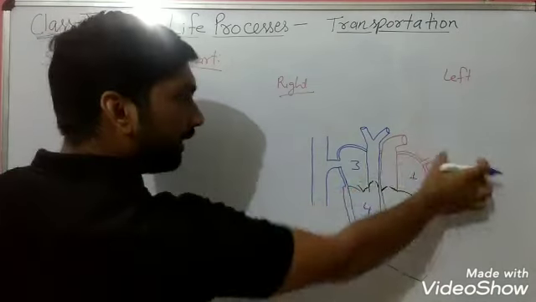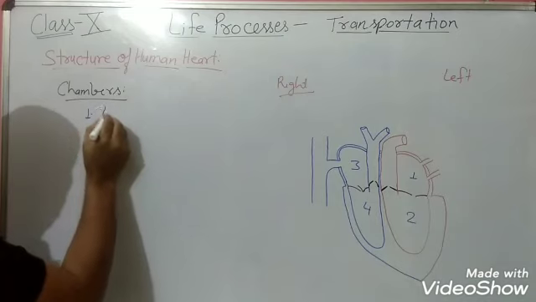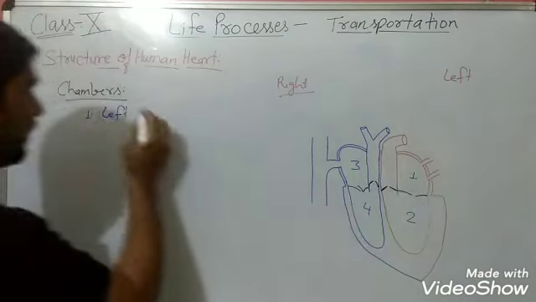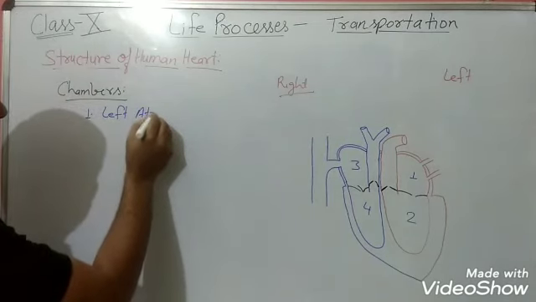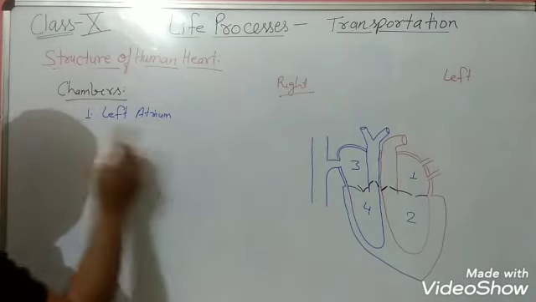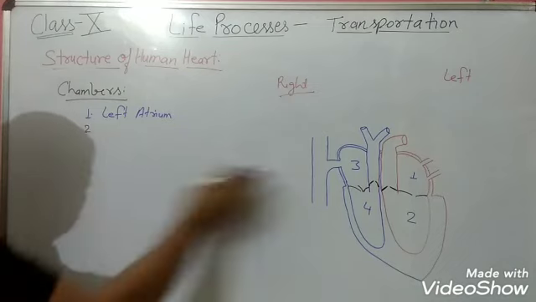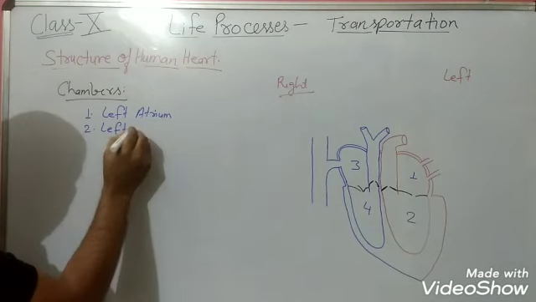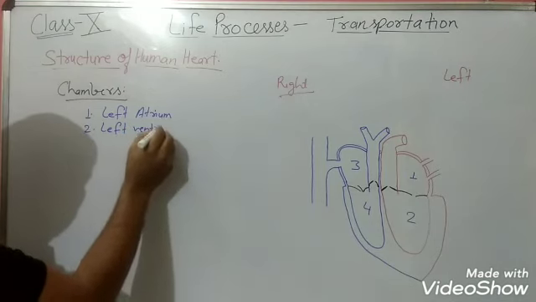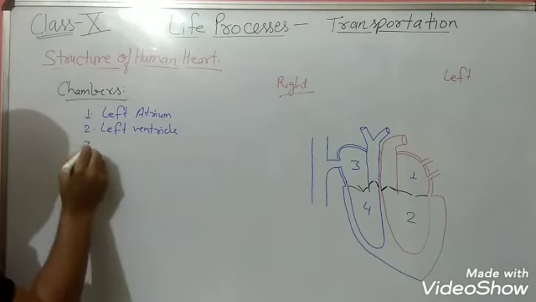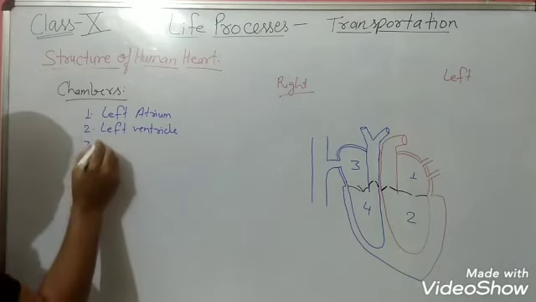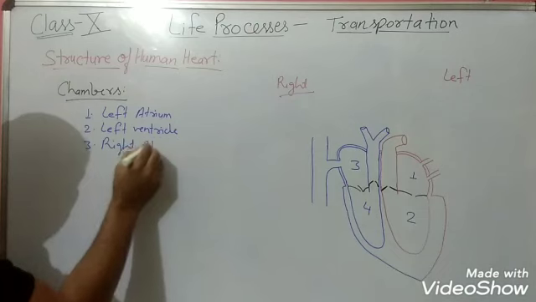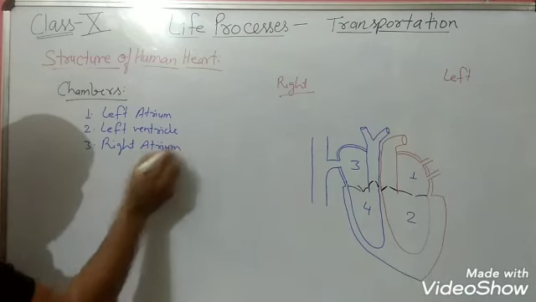So what are the chambers? The first chamber is on the left side, and the upper chamber is the atrium. So the first chamber is the left atrium. The second one is on the left side, and the lower bottom chamber is known as the ventricle. The third one is on the right side, and the upper chamber will be termed as atrium.